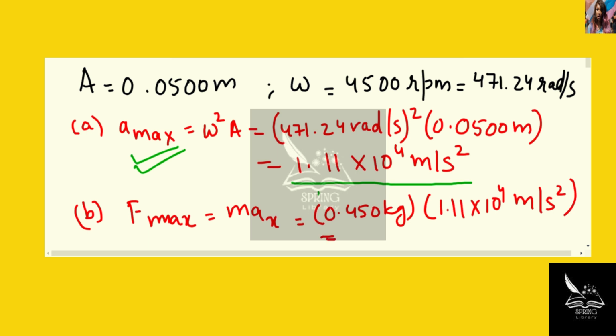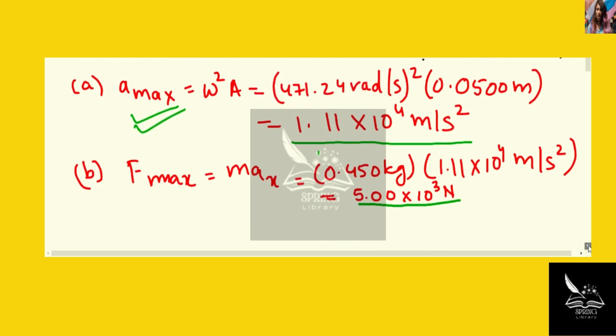When we multiply it, we are going to get the answer as 5.00 into 10 raised to 3 Newton. So this is our maximum force. Remember to write every answer in the standard form.